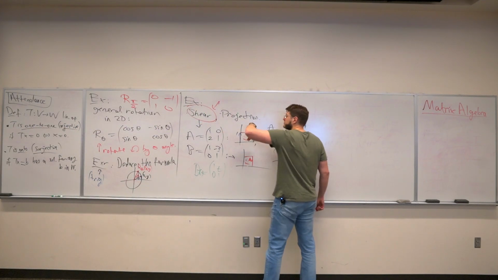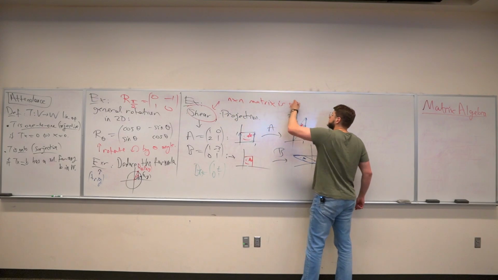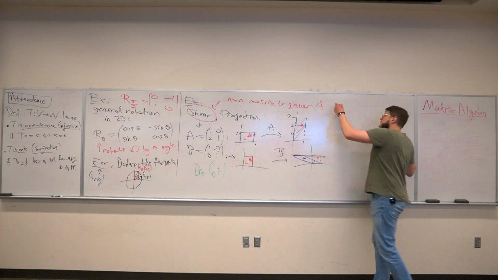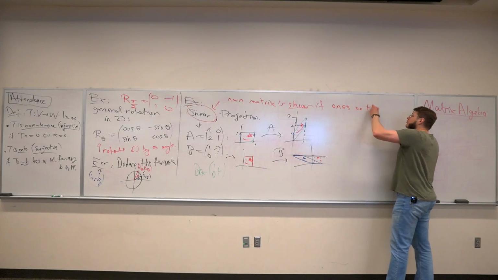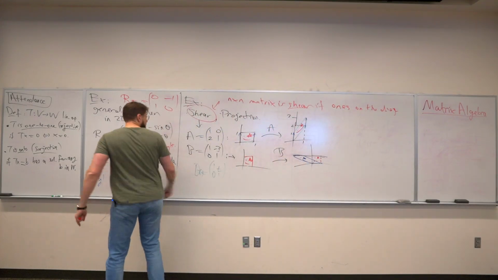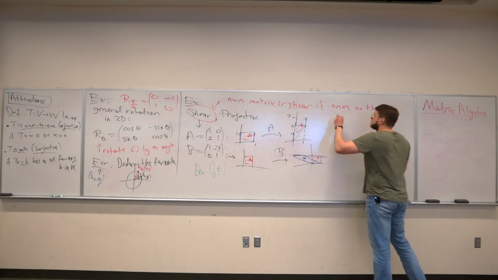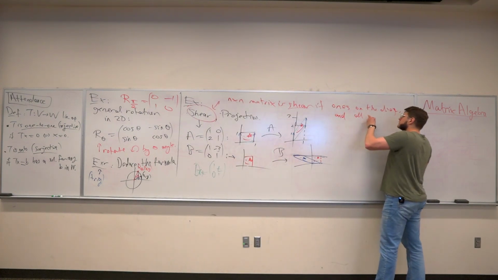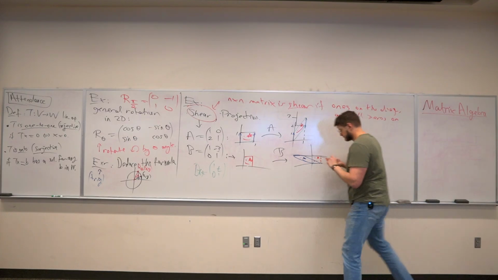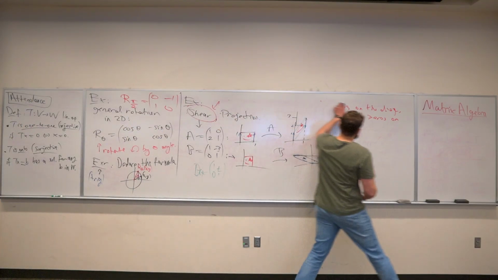If you want a formal definition, an n by n matrix is a shear if it has ones on the diagonal, and zeros either in the upper side or the lower side. Okay, let's write it like this.